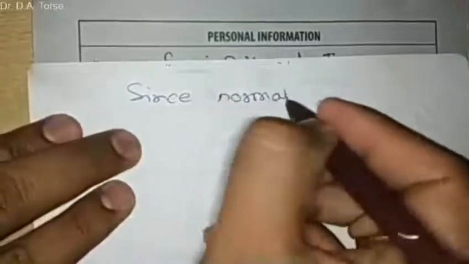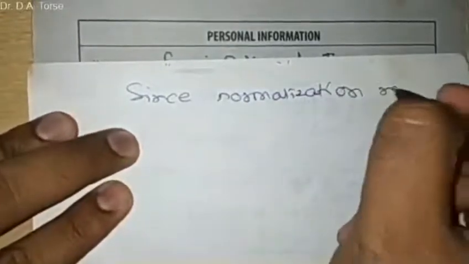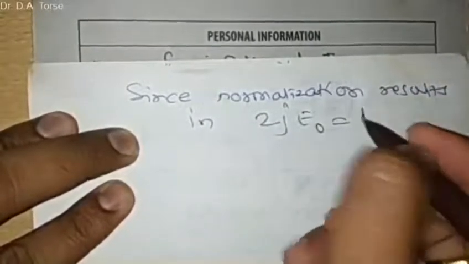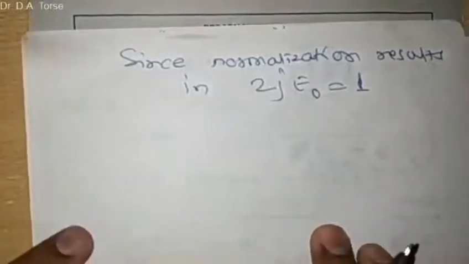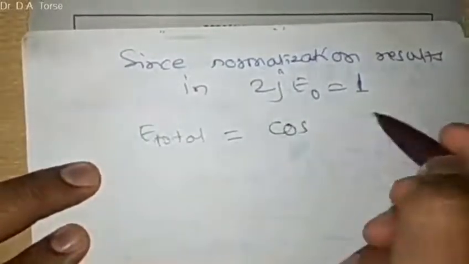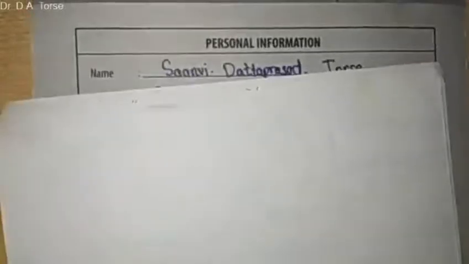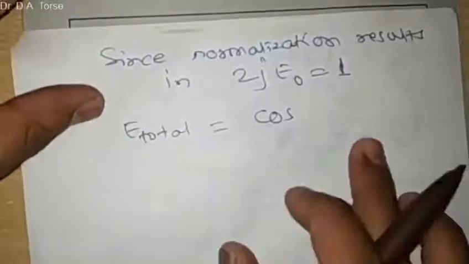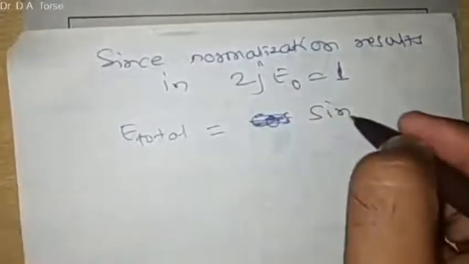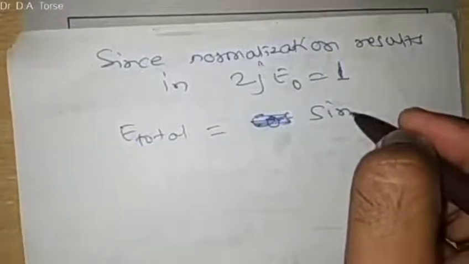So since normalization results in 2j E naught equal to 1, the term remaining now, E total, will be, you can see the term here, not cos, we have sin now. Okay, the cos term will come later when we substitute the value of psi.